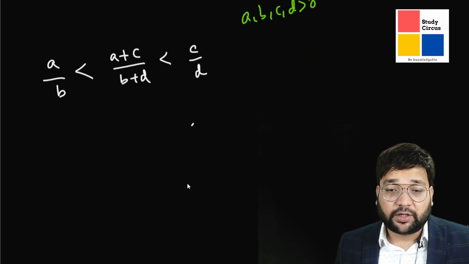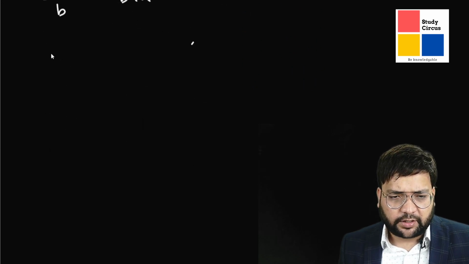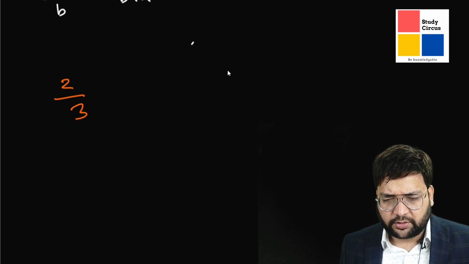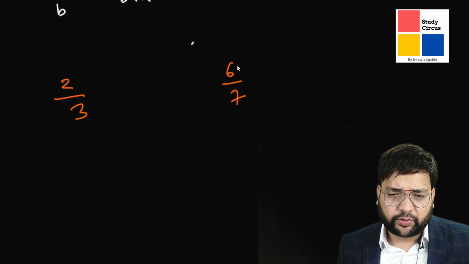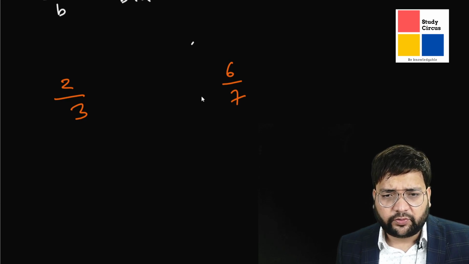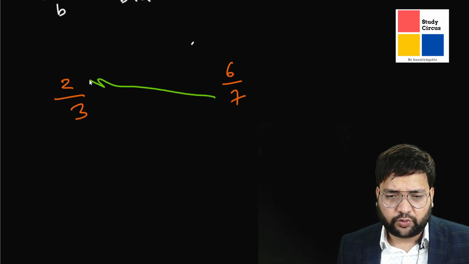What I mean to say by this, if I give an example, let's say find out 2 by 3 is a number, another one is, let's say, 6 by 7. So which one is more? 6 by 7 is more. How do we find out which number is more? 7 into 2 is 14, and 6 into 3 is 18.